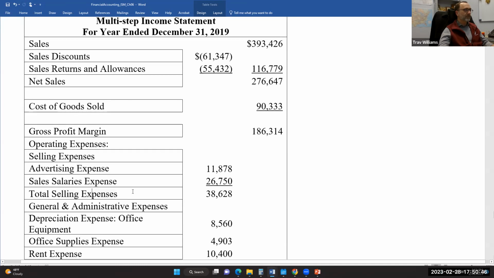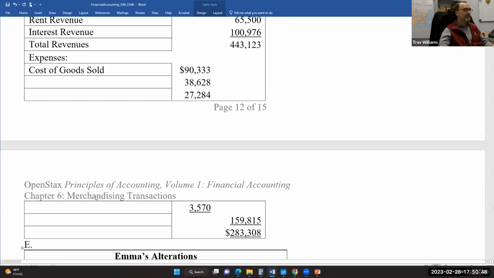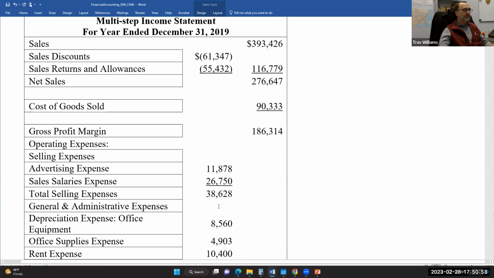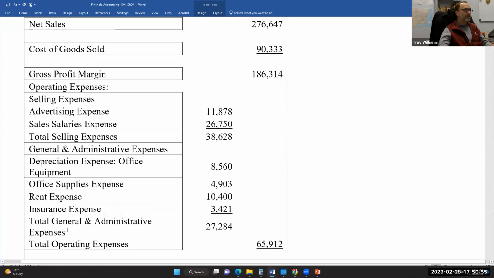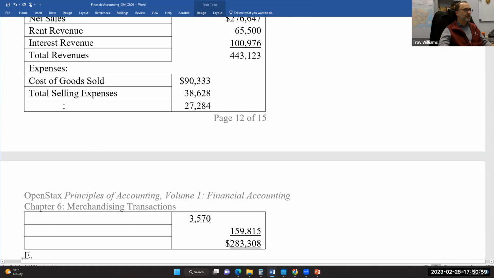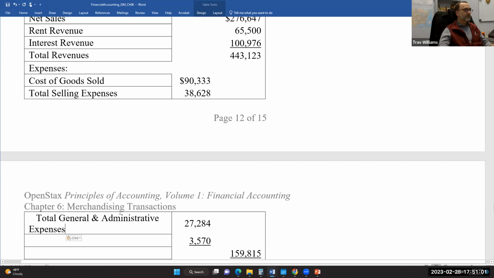Do we want total in there? Might as well. Total selling expenses. 27,284 is total general and administrative expenses. 3570, that was interest expense.